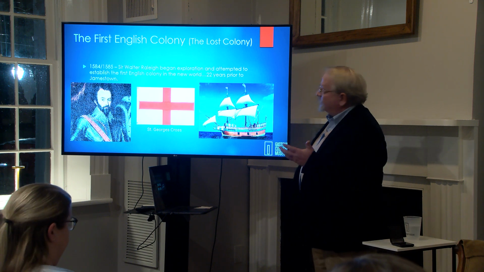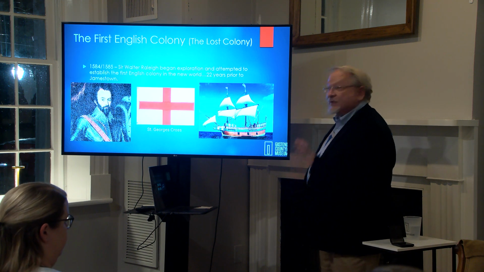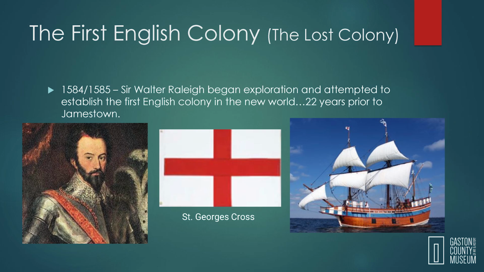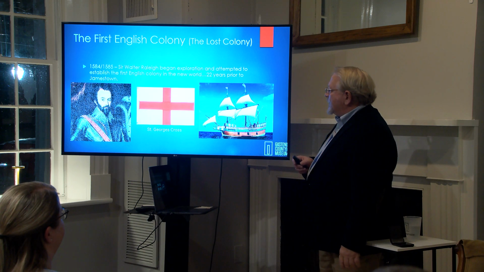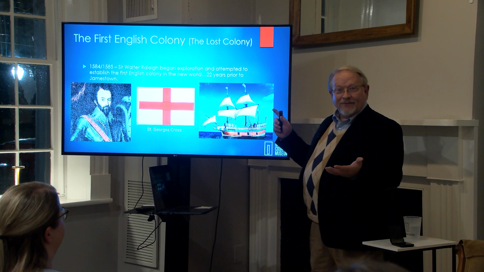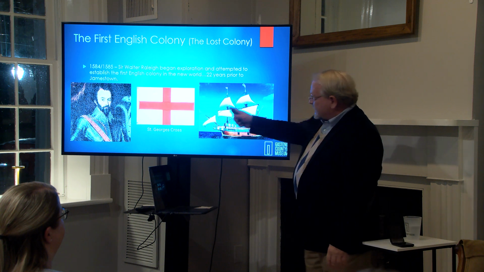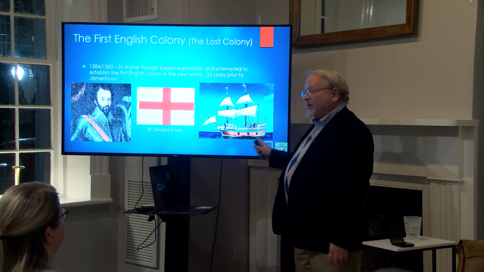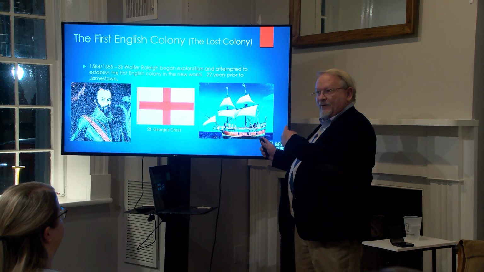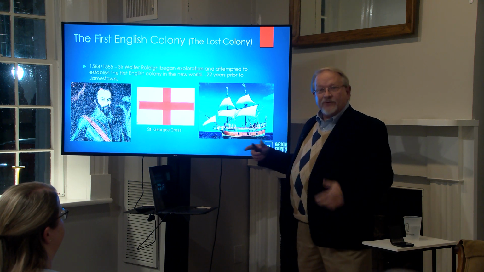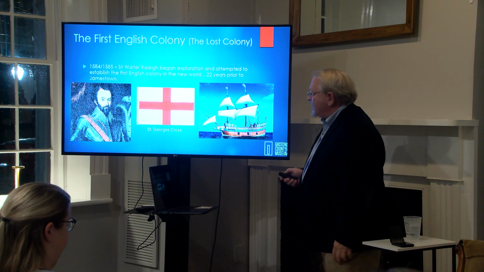Then we have the first English colony, the first attempts at an English colony. 1584 and 85, Sir Walter Raleigh, the namesake of our current capital, begins to explore and attempts to establish a colony on the coast of what's now North Carolina, 22 years prior to Jamestown. And this is the flag that he flew under, and this would have been a ship similar to what he would have come in. This is the Queen Elizabeth II that they have down in Manteo now, but that would have been very similar to the type of ship they would have come over on.